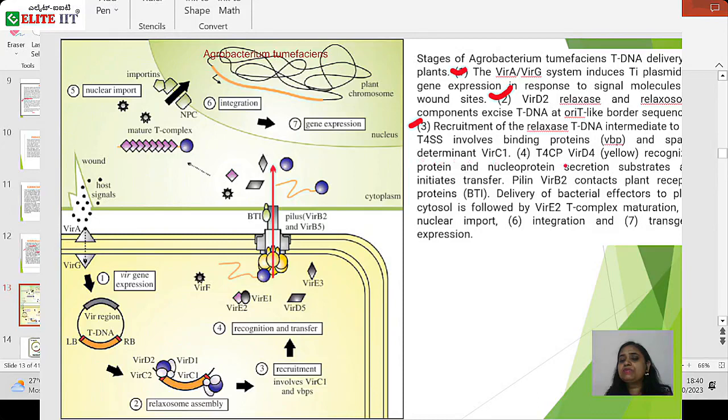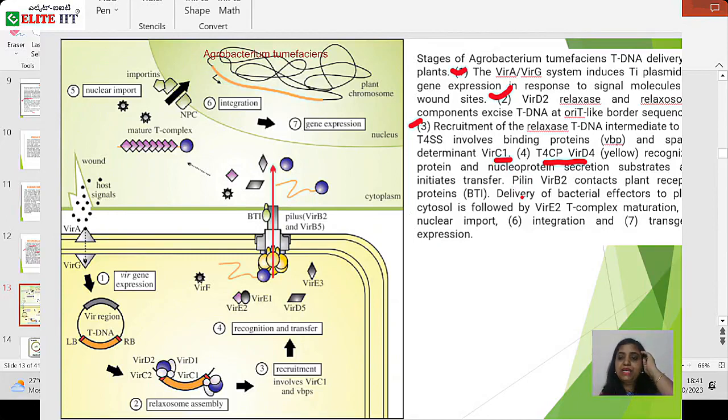Here it is VirC1, written in a different way in different cases, but the same thing is there. VirC1 involves the binding protein and spatial determinant. Four is the T4CP, VirD4. Then VirD4 recognizes the protein and nucleoprotein secretion substrates and initiates transfer. So VirD4 is involved in the transfer of the DNA.